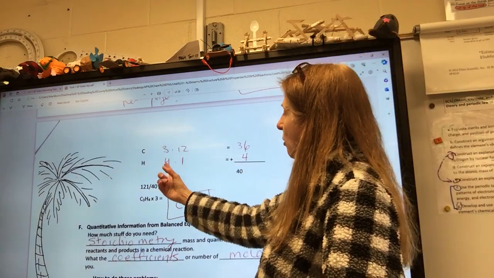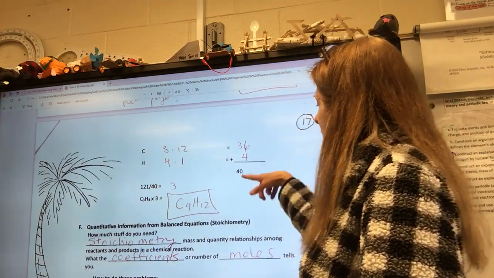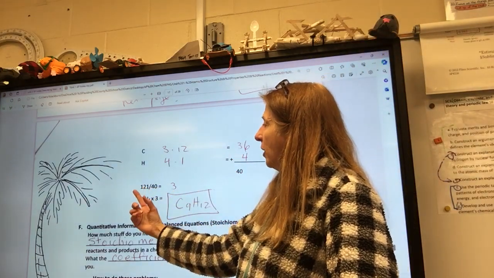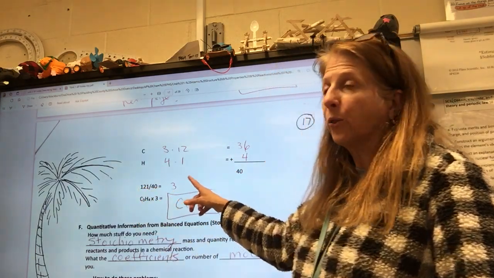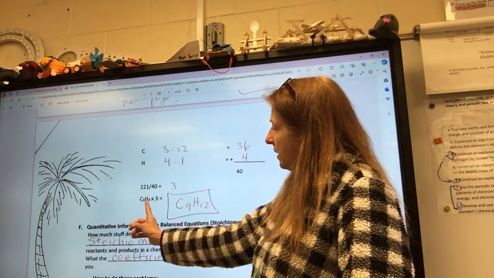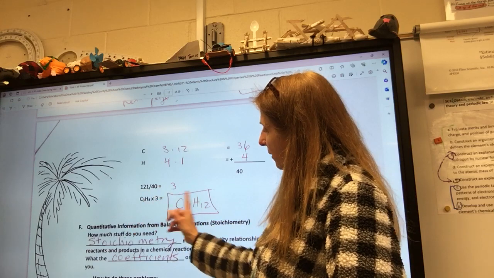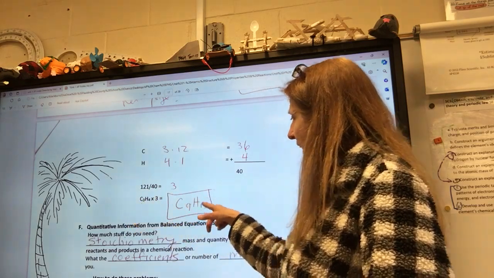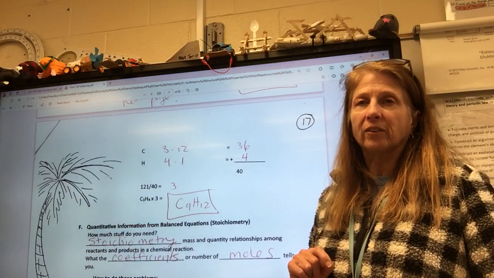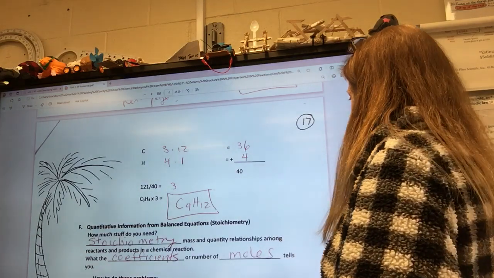There were 3 carbons and 4 hydrogens, so my molar mass was 40. They gave me a mass of 121. That goes into there about 3 times. So 3 is my multiplier. I take my empirical formula, multiply everything by 3, so it becomes C9H12. Do y'all remember that from honors? If you're given a mass, that's what you do.